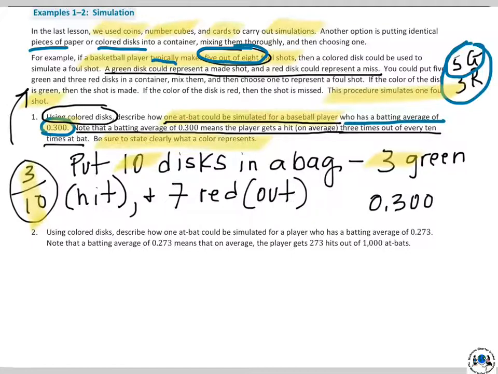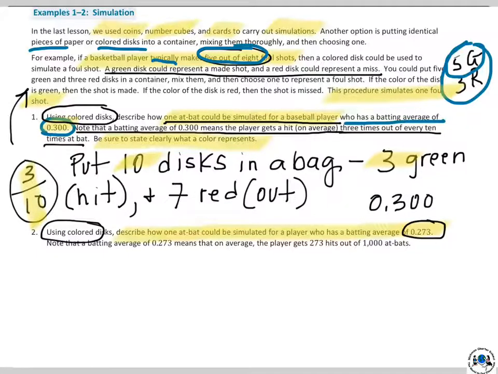Let's look at the next one. Number 2. Now another scenario using colored discs again. Describe how one at bat could be simulated for a player who has a batting average of .273. Ooh, that's a little different, huh?